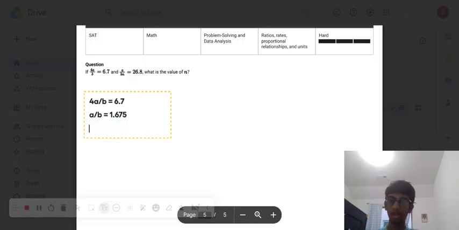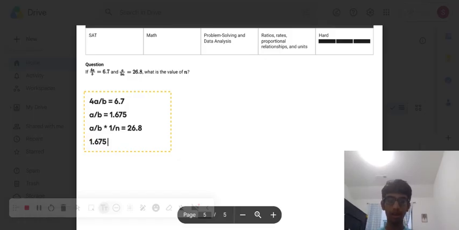Now, if we look here, we have a over b times a over bn, right? So what we're doing is multiplying the denominator by a factor of n. So it will be a over b times 1 over n will be equal to 26.8. We know that a over b is equal to 1.675.